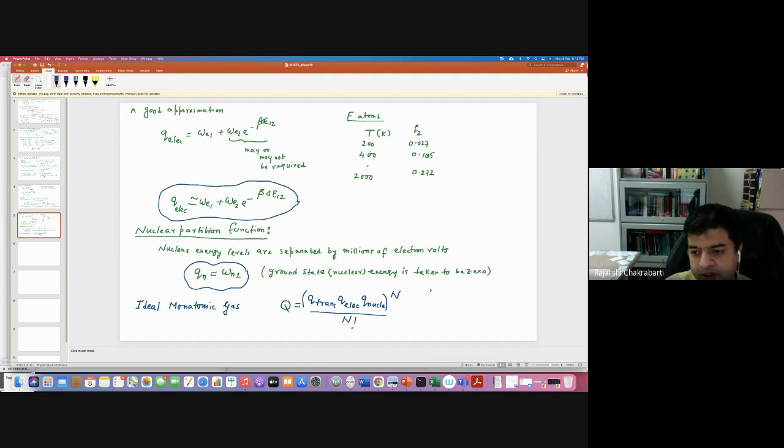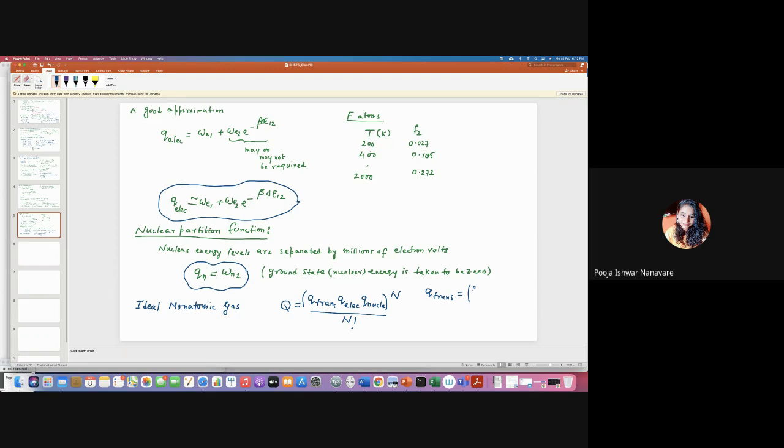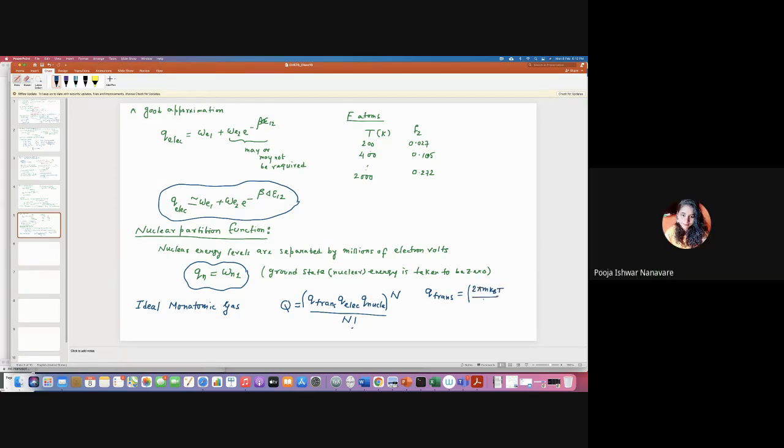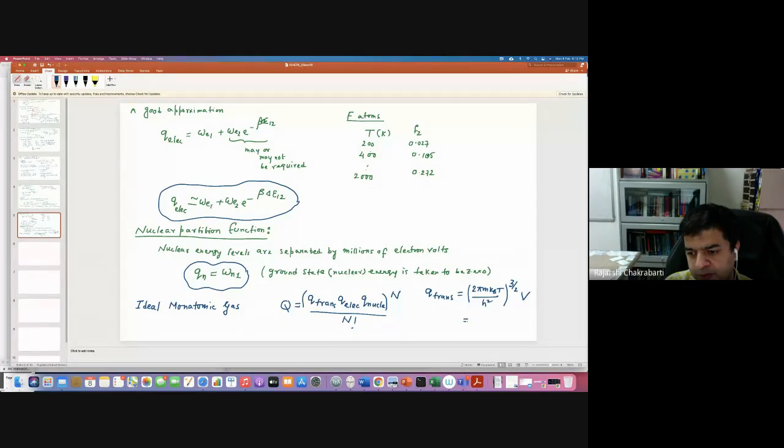And you remember what is the expression for Q translation? 2 pi mk. It was done in the last class. This quantity is also sometimes written as lambda cube. Okay, it's the inverse of that. So h square by 2 pi mkBT to the power half is called lambda cube.